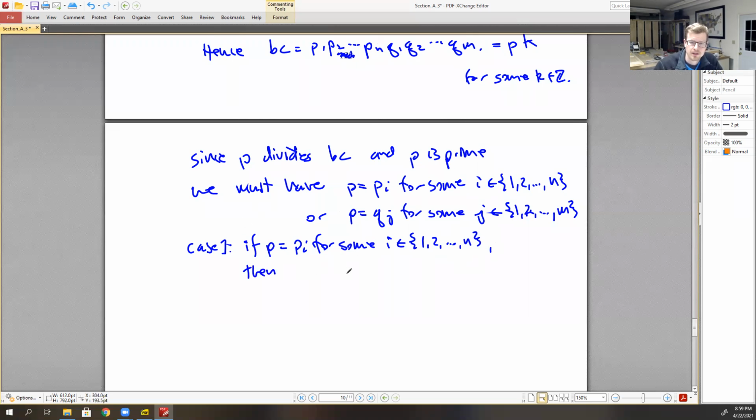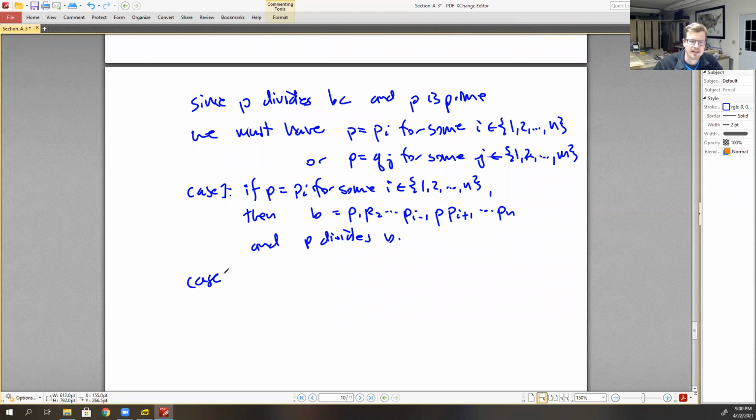Then B is equal to P1 times P2 times all the way up to P sub i minus 1, Pi, which is actually P, and then P sub i plus 1 all the way up to P sub n. That is, B can be written as P times something, and P divides B.